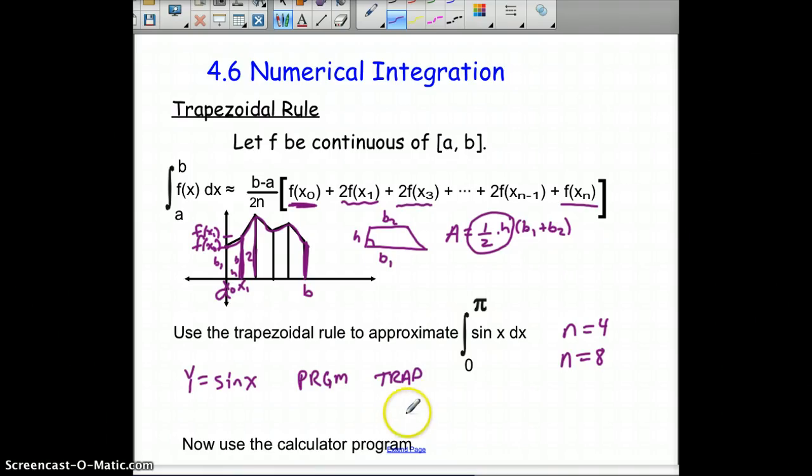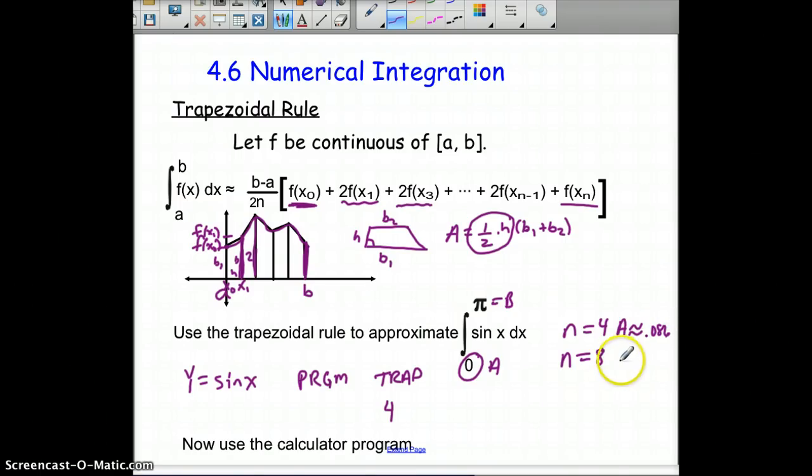And it asks you for the number of subintervals. So let's type in 4 first of all. And then A is 0 and B is pi. And then hit enter, and it gives you the area of approximately 0.086. So check it and make sure that yours does that.